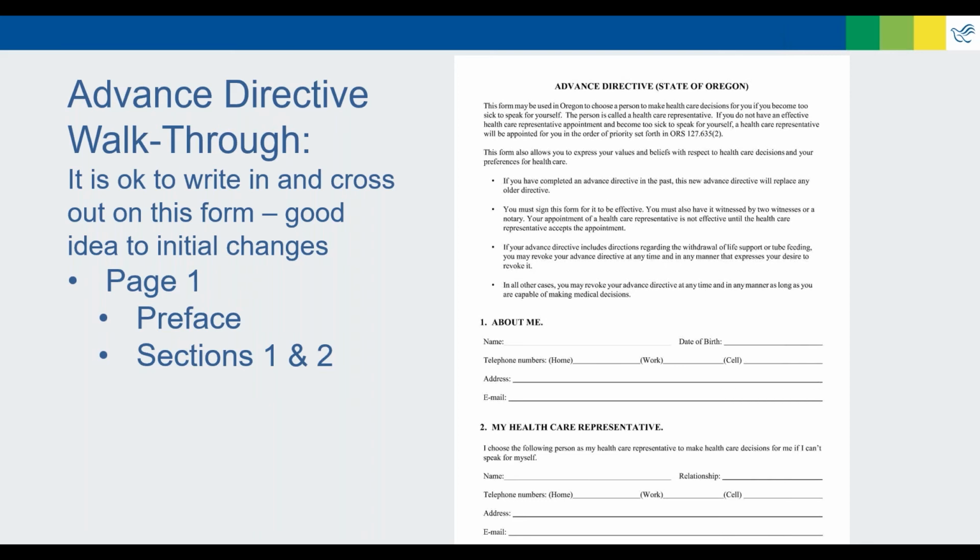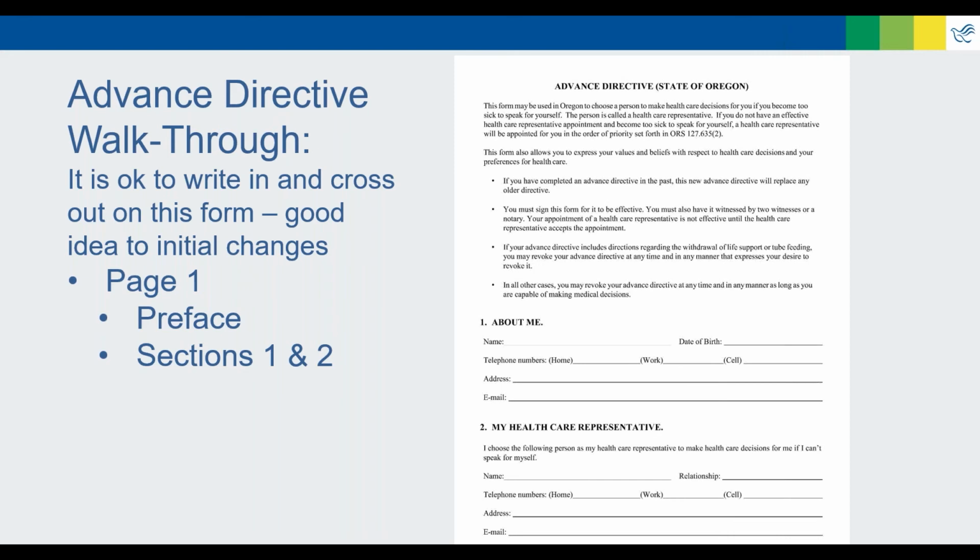It notes that the most recent advanced directive replaces all others. So if you fill one out, have your signature on it witnessed or notarized, and have the healthcare representative sign it, then it becomes the valid advanced directive.